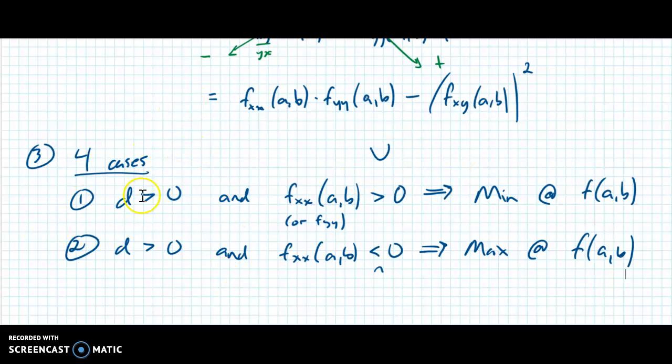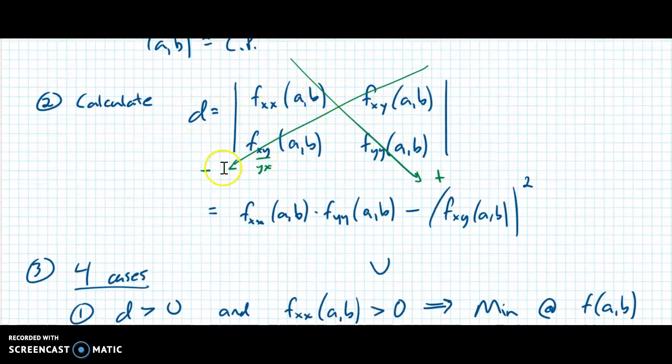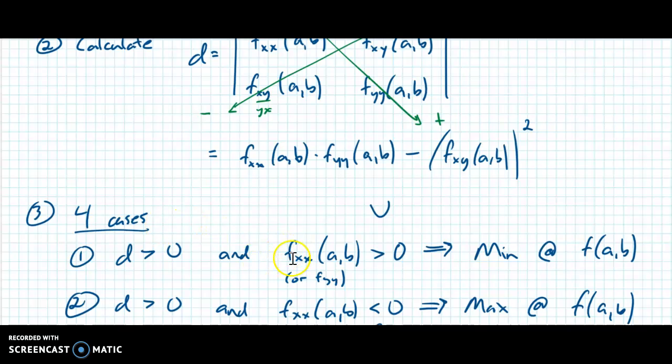The D here being positive, what you can think about it as, and I'll show you why mathematically later, is that it ties all the second partials together. Whenever this determinant is positive, it means that what the f sub xx does, the f sub yy also does.